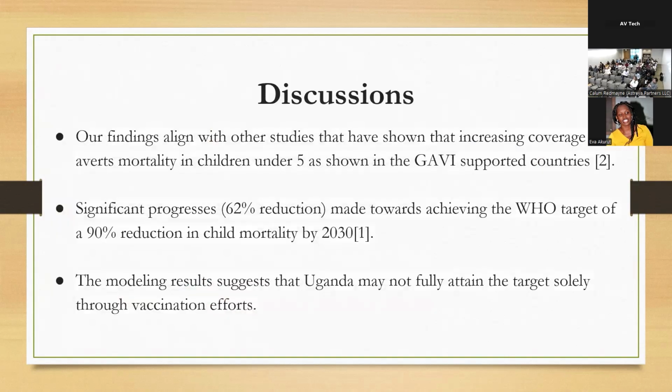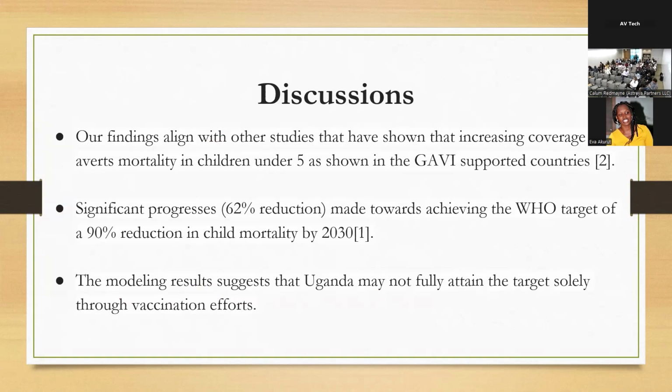So our findings align with other studies that have shown that increasing coverage will avert mortality in children under 5, and that is shown in supported countries, as well as in the literature, where this work aligns.